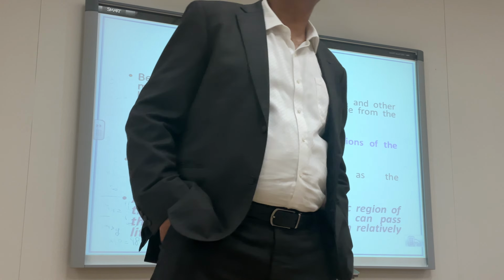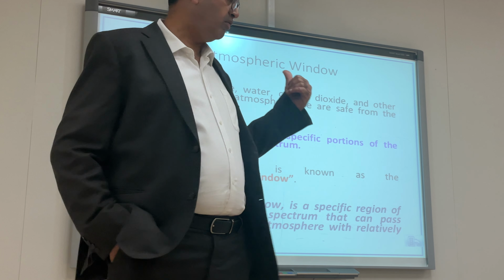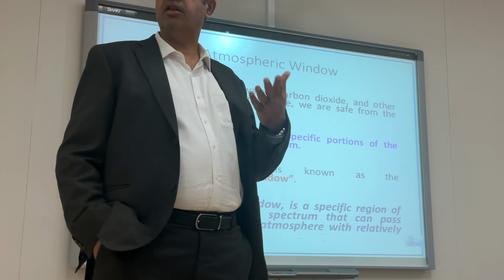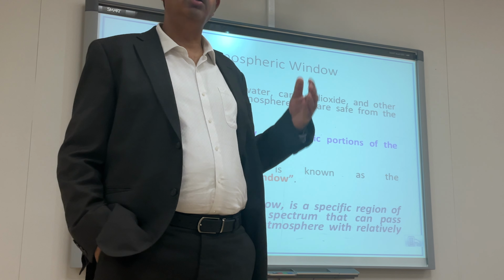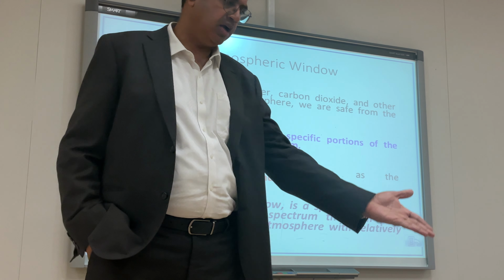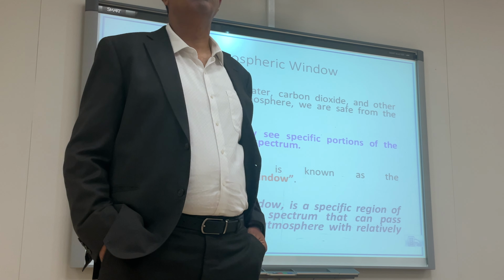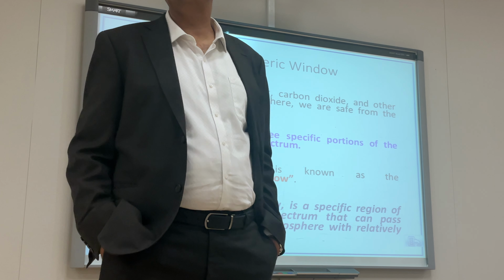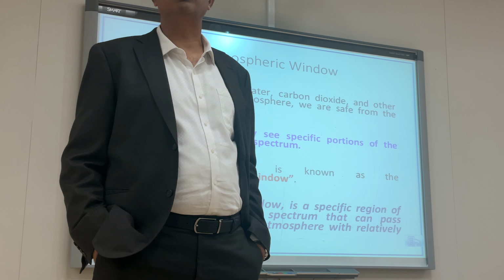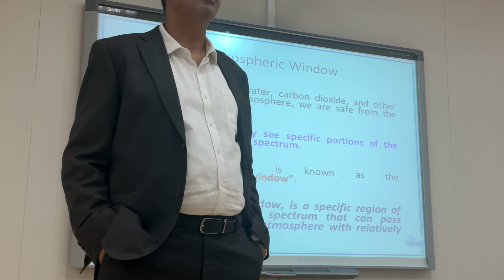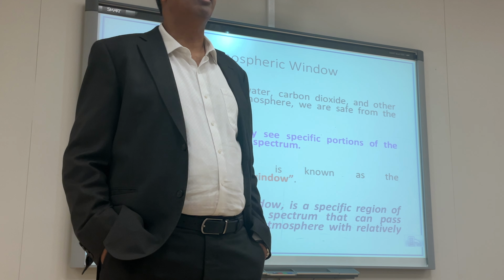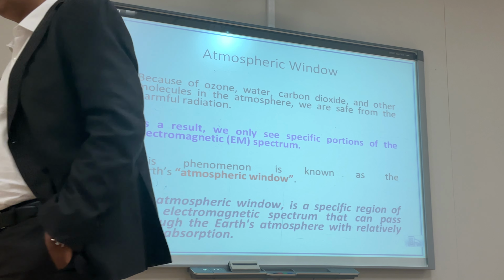I told you when we were talking about radiation, we said that infrared radiations are used for remote sensing. Only those radiations which reach the surface of the Earth can be used for remote sensing of the Earth. So if infrared radiations can be used for remote sensing of the Earth, then they are a part of the atmospheric window.